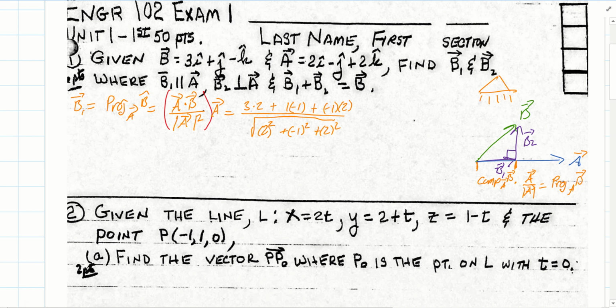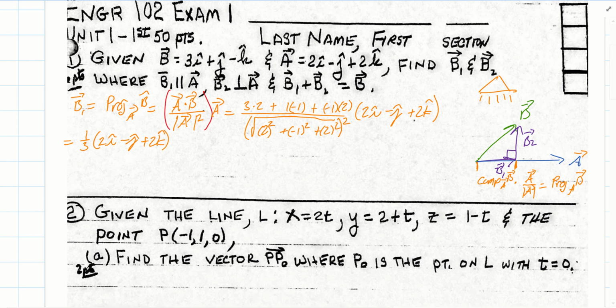And that's the magnitude, but we want it squared, so we're going to square the whole quantity, to essentially cancel out the square root as we multiply the vector A, where vector A is 2i minus j plus 2k. And that's going to simplify down to, let's see, 6 plus -1 plus -2, so it would be positive 3 over the square root squared, so we take it away, so it'd be 4 plus 1 plus 4, so it'd be 9. So we really have 1/3 times vector A, so it'd be 2i minus j plus 2k.